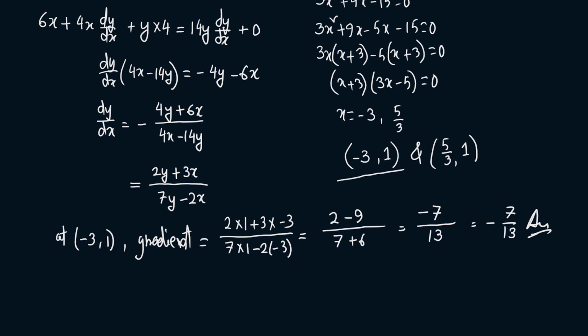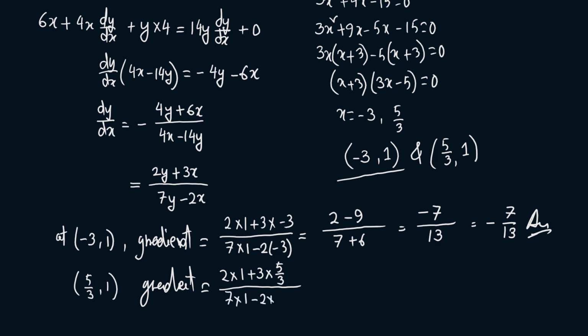And when the point is 5 over 3, 1, then gradient equals to, you can write, let you put the value 2 into 1 plus 3 into 5 over 3, then on the bottom 7 into 1 minus 2 into 5 over 3.